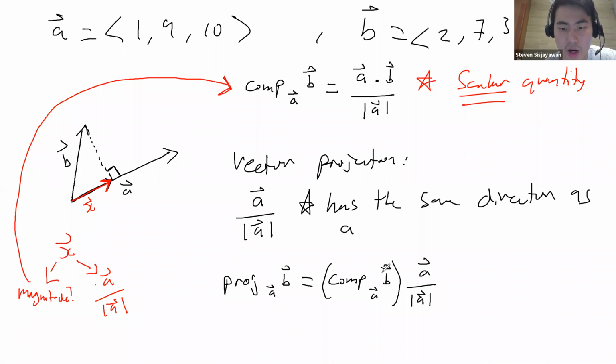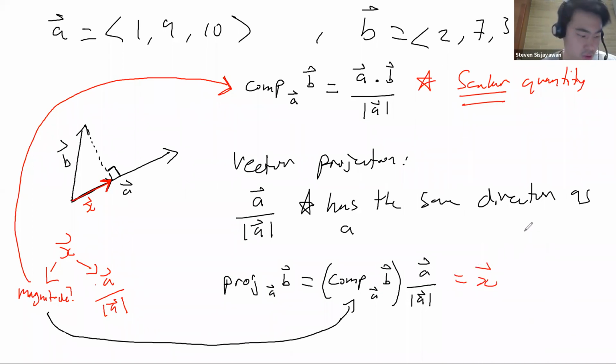The reason is that this represents the magnitude of that vector. So going back to scalar multiplication of vectors, multiplying that scalar quantity with that unit vector in the same direction as A will give you the vector X, okay?